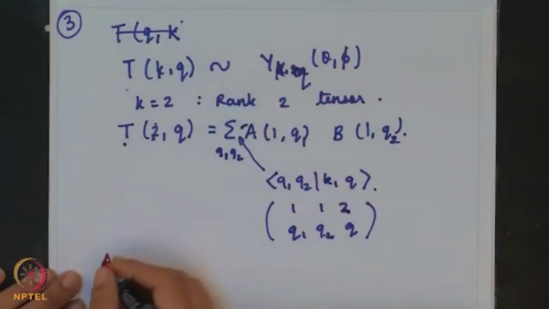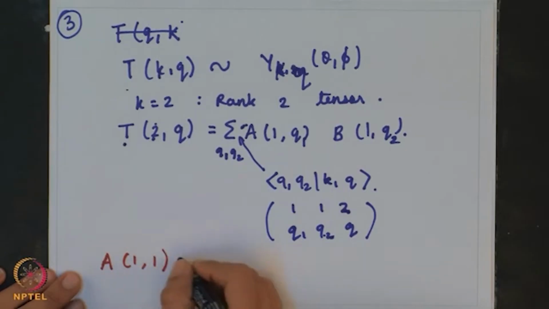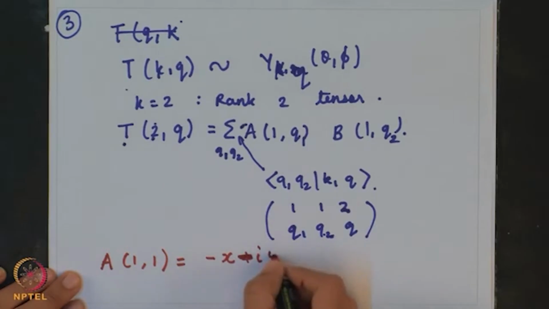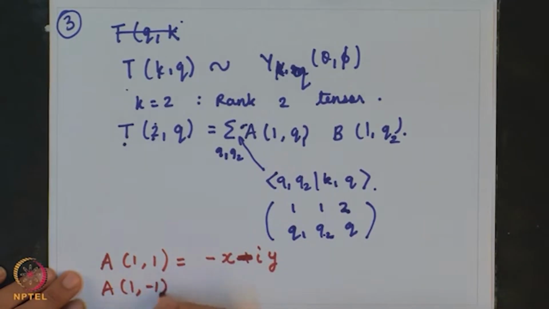So the point to remember here is, if I have A, I can write A11 as minus x plus iy, minus x minus iy, sorry, minus x minus iy, and A1 minus 1 as minus x will become plus x. So this will be plus x minus iy.